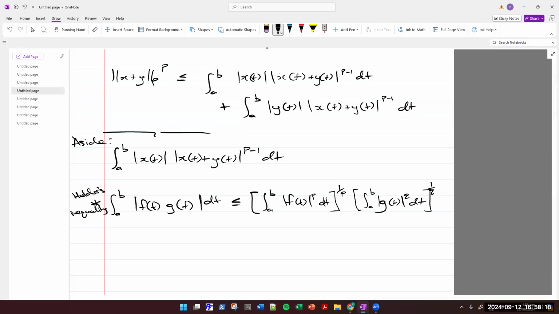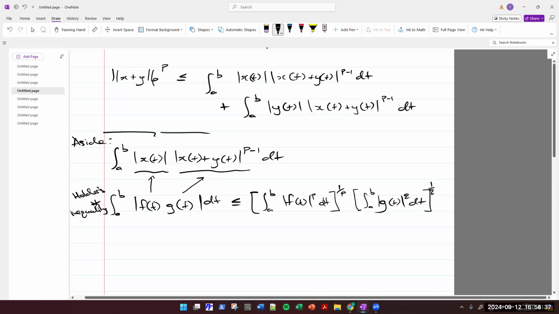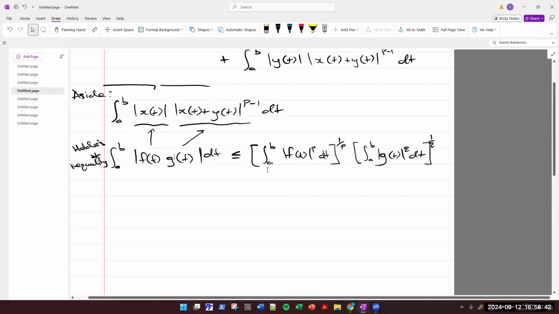So the trick is, the second trick in the question, this is your f, and this entire term here is your g. Okay, actually, so you can see it better. You of course know that the modulus of AB is equal to the modulus of A multiplied by the modulus of B, right?